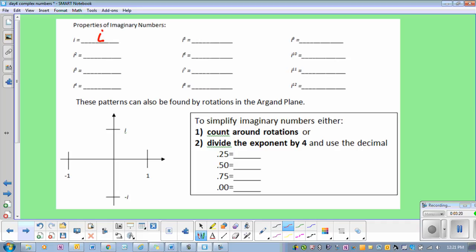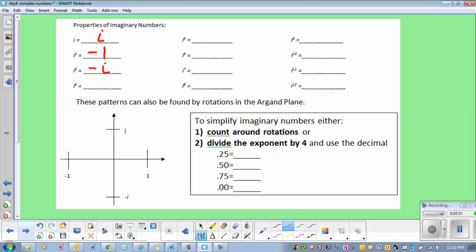So i squared is negative 1, because square root of negative 1 is i, so i squared has to be negative 1. i cubed is negative i, because that's i times i times i, so i times negative 1, which gives me negative i.